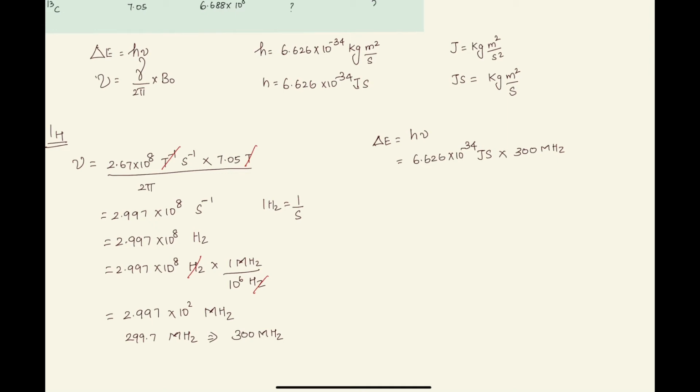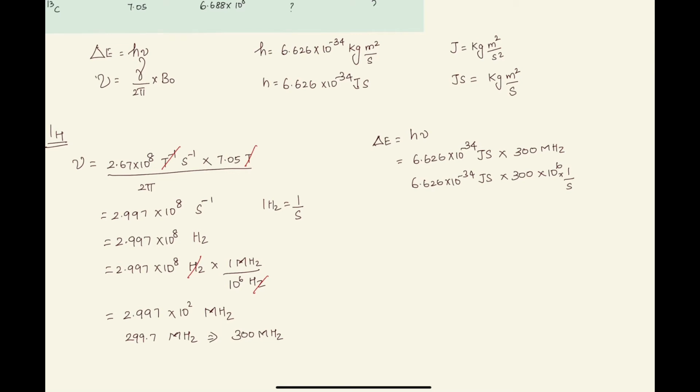We'll just keep it as 300 megahertz, and 6.626 times 10 to the power of minus 34 times 300 megahertz is nothing but 300 times 10 to the power of 6 hertz. And I don't want to keep that as hertz. Instead, I want to keep that as seconds, so I'm going to replace it by 1 by second.